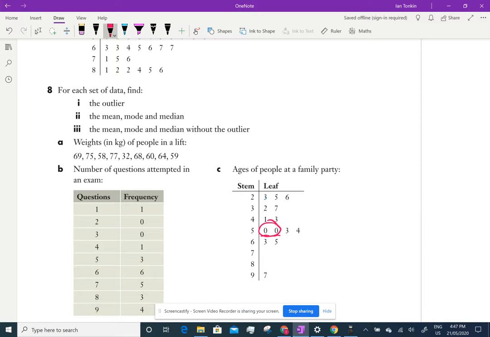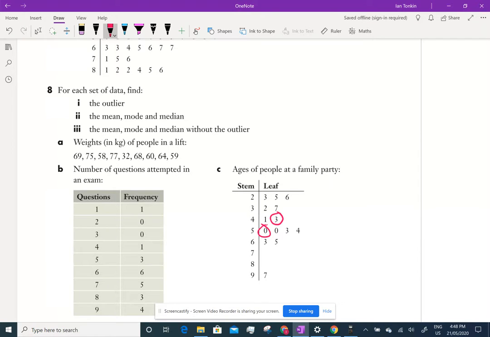Oh, hold on. I've done it wrong again. It's a 7th, that's the 7th, and that's the 8th. So I have to add 43 and 50 together and divide by 2, so that's 93, so 46.5. 46.5 is the median.